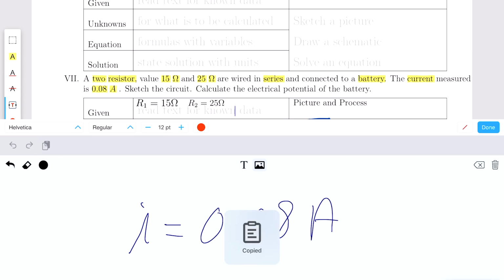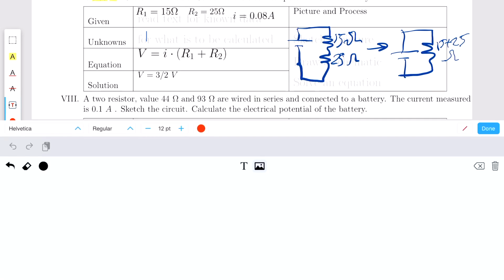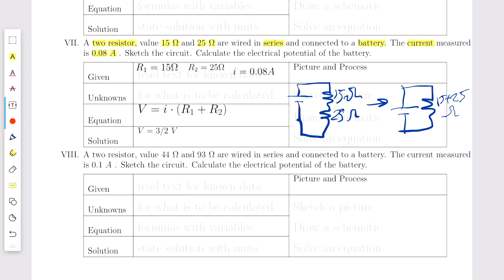And in this case, we are given the current, and we are looking for the potential. Okay?